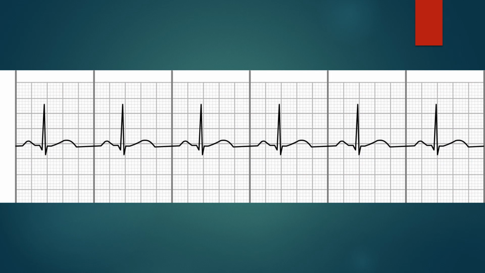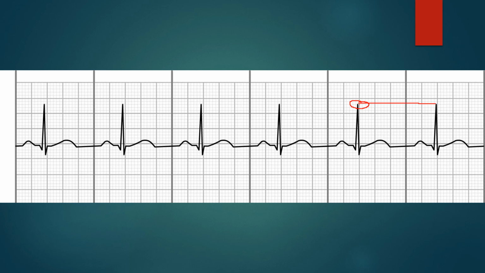Let's see some examples. When we are going to calculate the heart rate by large squares, try to pick the R wave which is just upon the dark line. Likewise, here it is not on the dark line but nearby, and then determine the RR interval between two R waves.